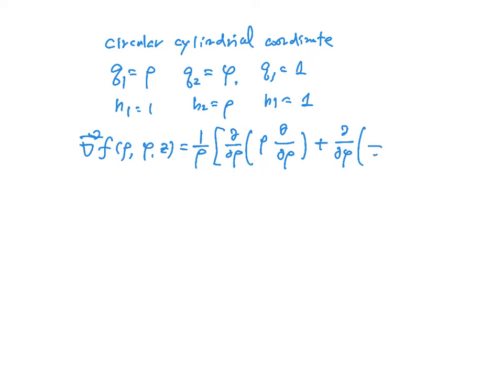So 1 over rho, h3 h1 over h2 is all 1, so partial phi partial f. Plus partial z partial, h3 is 1, h1 h2 is rho, partial z partial f, right? One more.